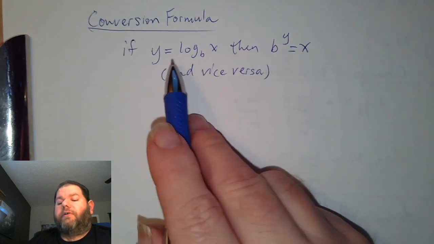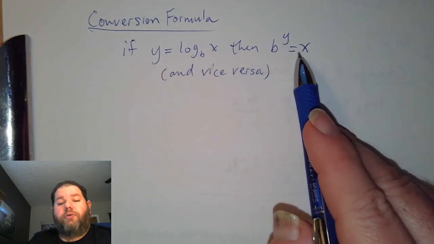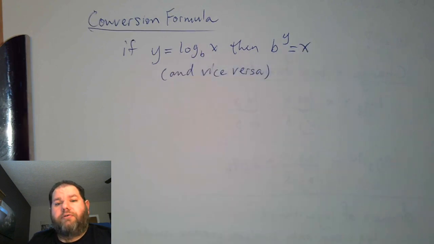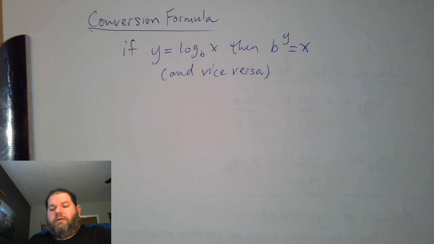So we could start with the logarithm and change it to an exponential, or we could start with an exponential and change it to a logarithm. And that right there is one of the main ways that we solve different types of equations, whether they're a logarithm or an exponential to begin with. That's one approach we can use to solve multiple different types of equations with logs and exponents.